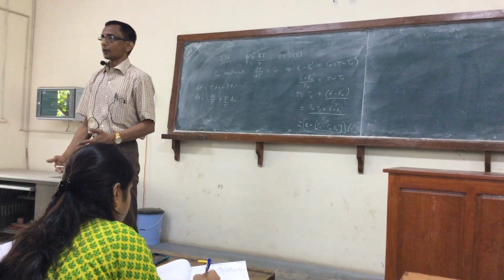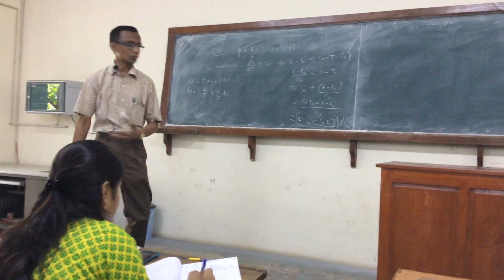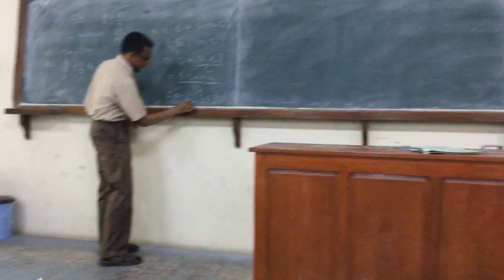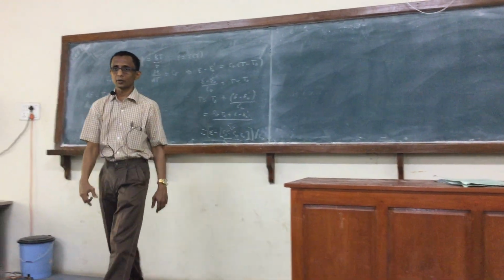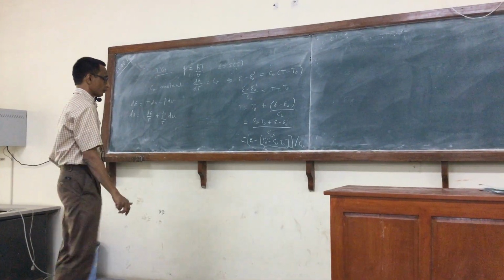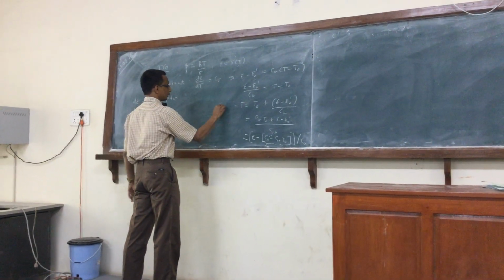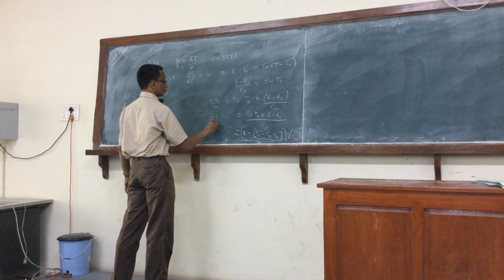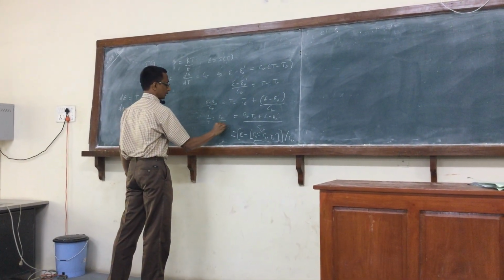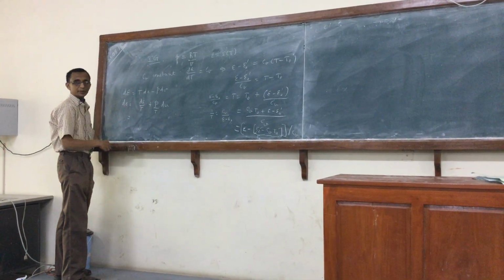Cv is also here a constant. T naught is another constant. So this group I am going to, just for simplicity, call E naught. So T becomes then E minus E naught by Cv. And so 1 over T would be Cv by E minus E naught. So that I can substitute here.